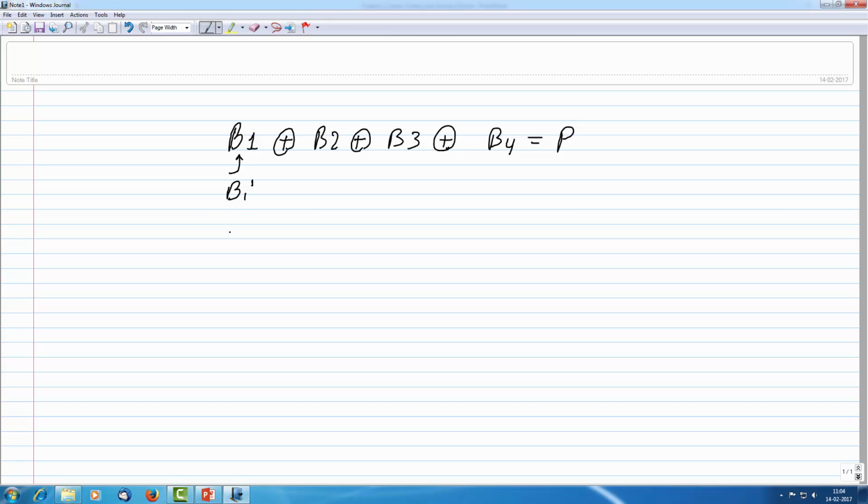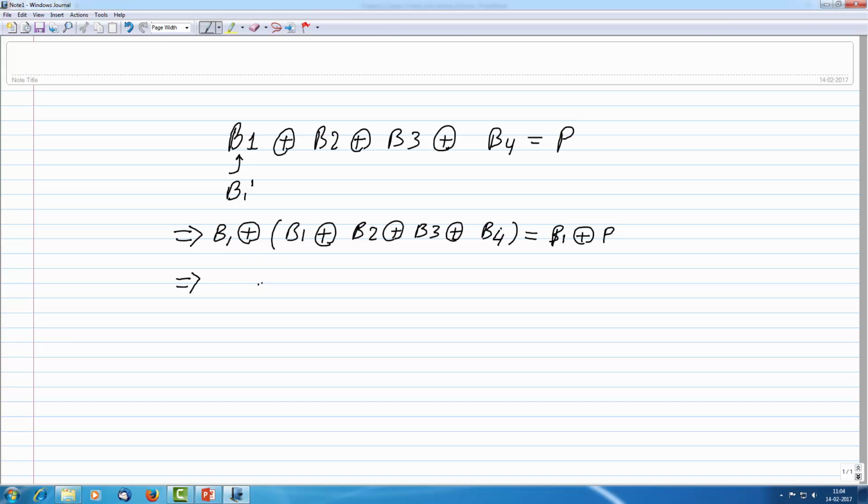So let us do a little bit of algebra. So let us compute B1 XOR B1 XOR B2 XOR B3 XOR B4, so this implies that this is B1 XOR the parity P. Now, any block or any set of bits exclusive OR with itself is 0, and 0 exclusive OR with any other quantity is that quantity itself. So let's break this down.